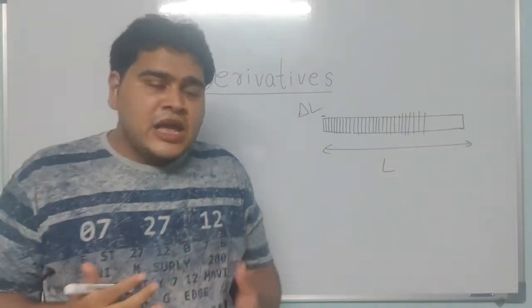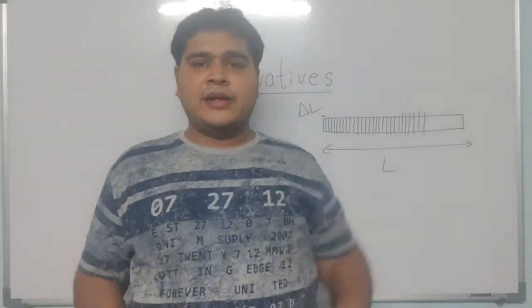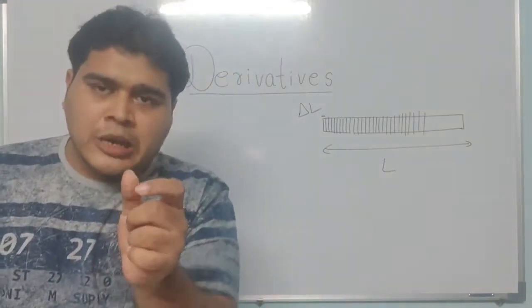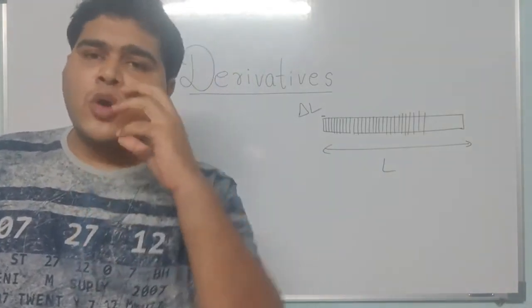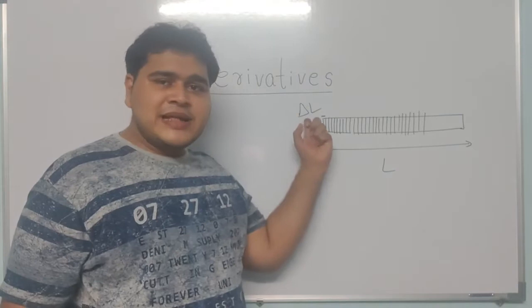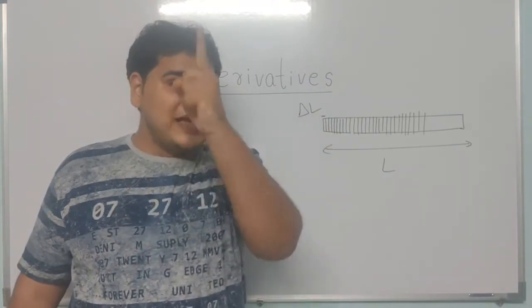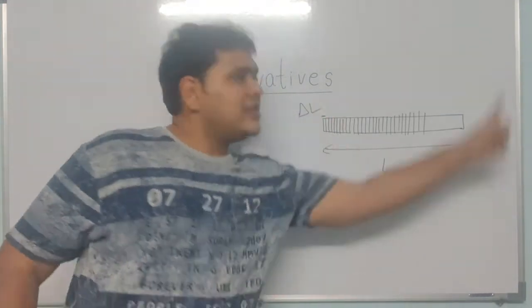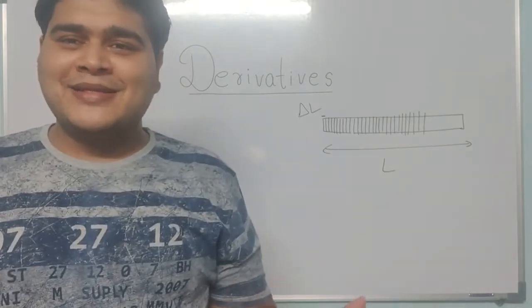Now, if all the parts are identical, then whatever logic, formula or concept I apply to this delta L should be applicable for all the delta L present in this L.